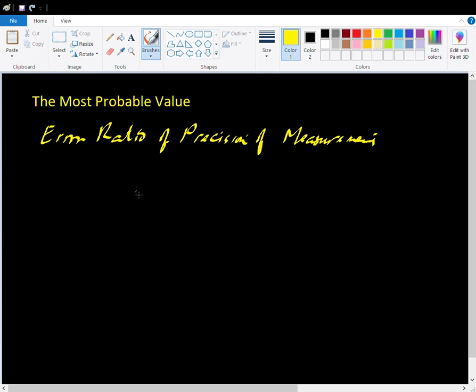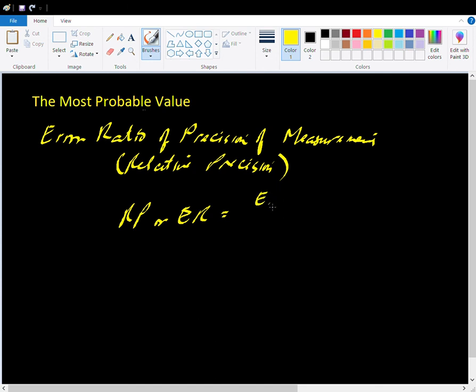The error ratio, or the relative precision, sometimes it is also called relative precision. The relative precision or error ratio is simply equal to the error of the mean, the probable error of the mean, all over the most probable value, or divided by x bar.